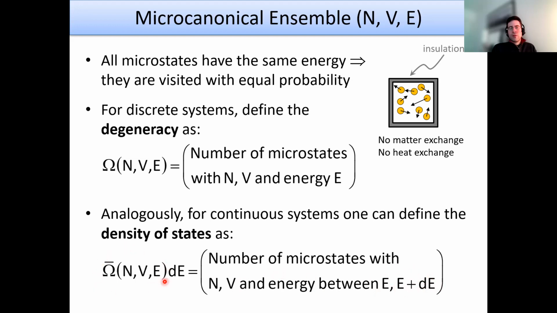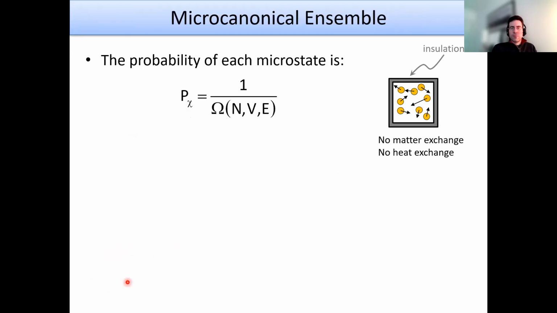And this density of states, I put a little dash over there to indicate that this is a density, so it has units of 1 over energy. So the density of states times this differential in the energy will give us the number of microstates with these characteristics. These are the two equivalent representations of the degeneracy for discrete systems and continuous systems, in which we have the density of states.